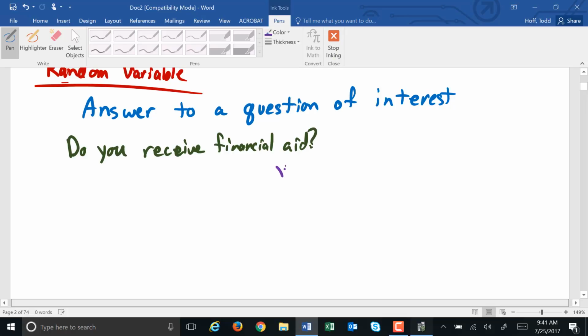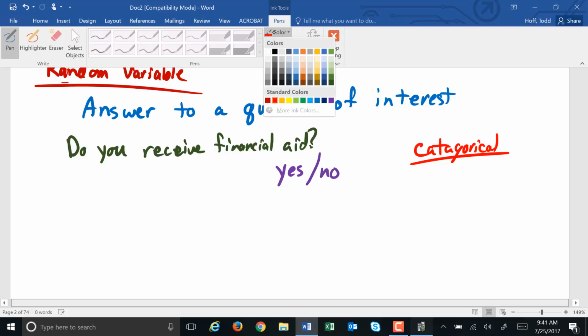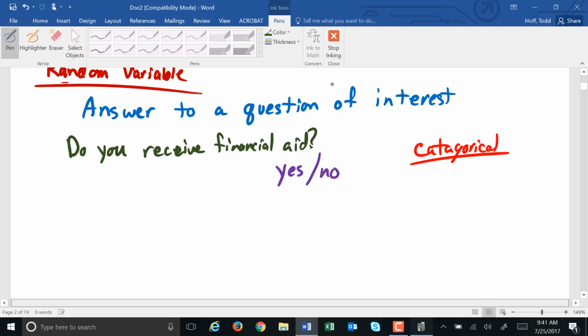The answer to that question is either going to be yes or no. You either receive some or you receive none. That is a categorical, because it puts you into the category. Either you put into the category of students who receive financial aid or students who do not receive financial aid.